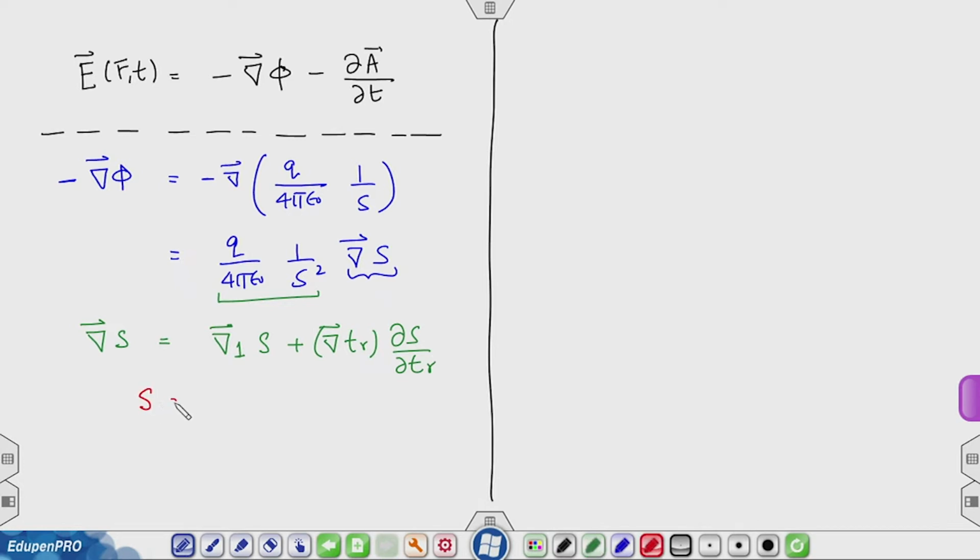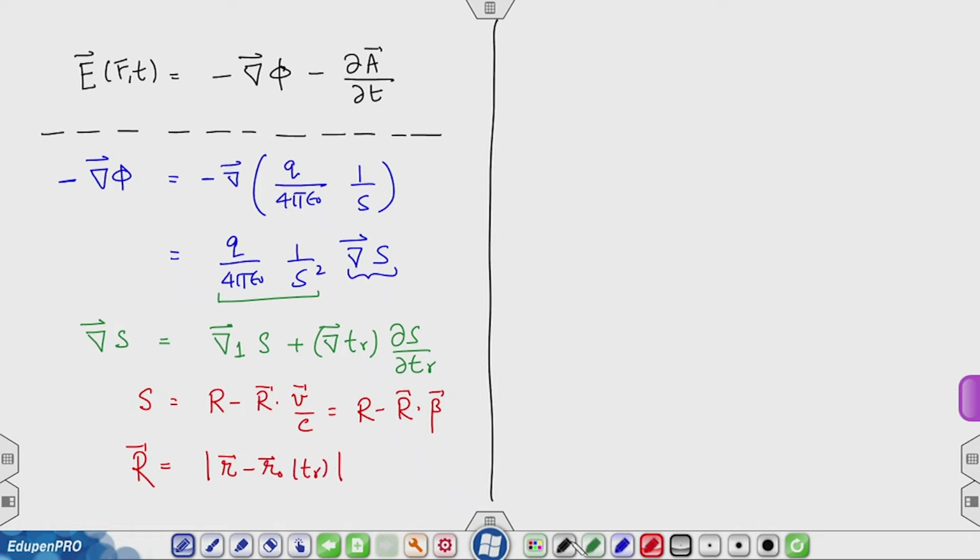S we call as R minus R dot V over C, or R minus R dot beta. R vector is R minus R naught TR.